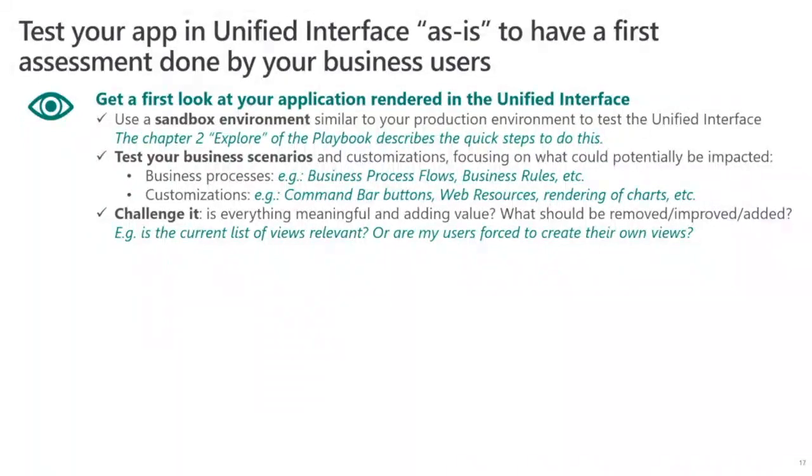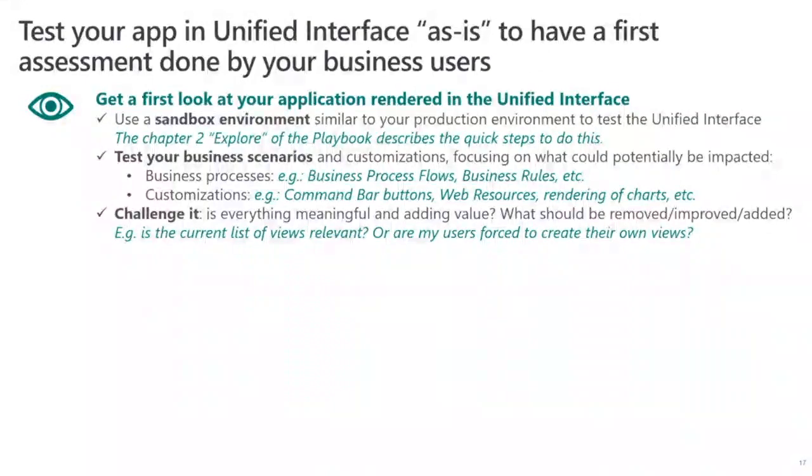And also challenge it. Is everything meaningful and adding value when looking back to your application? What should be removed? What should be improved? What should I add to my app? It's a really good opportunity, for example, to ask questions such as, is the current list of views relevant? Or are my users always forced to create their own views?